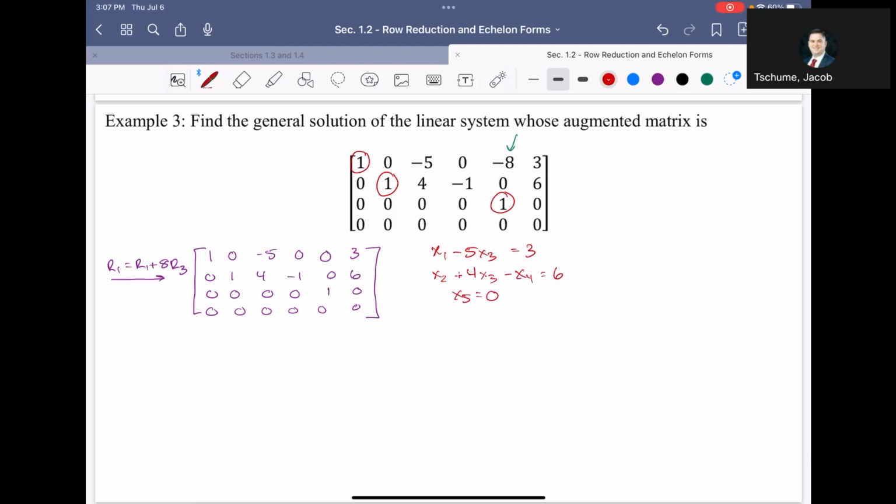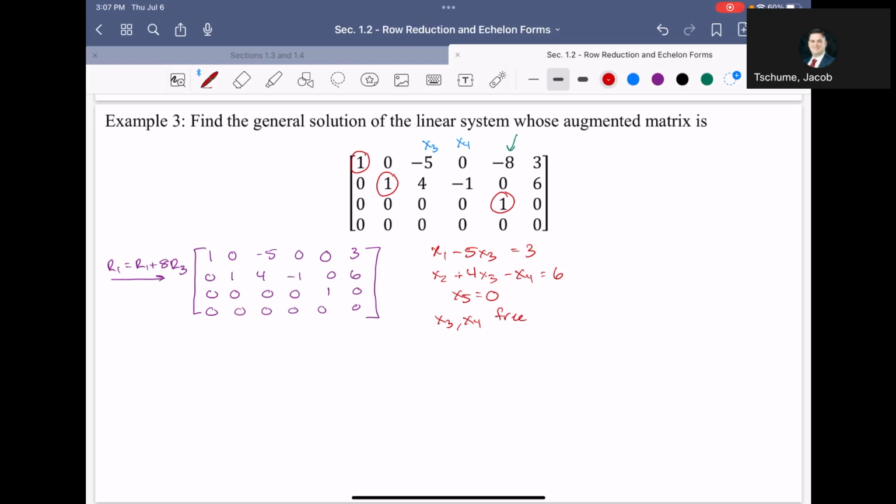And then if I go back to my circled pivot positions at the top, remember, any column that you did not circle a pivot position in, which in this case is x3 and x4, those are your free variables. So you actually have 2 coefficients here that you can let be any number that you want.